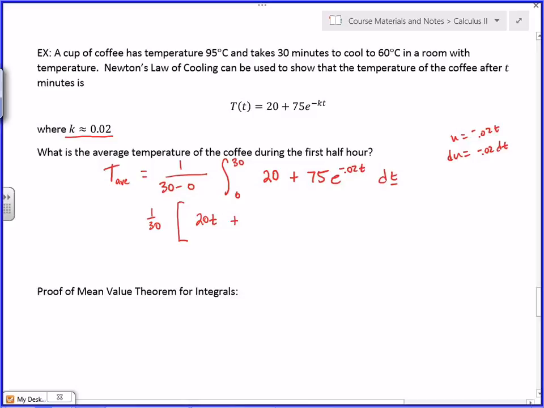What I've got to do is insert a negative 0.02 and divide by a negative 0.02. So this becomes du, and I've got then 75 over negative 0.02 e to the u. You see that? This up here is u.